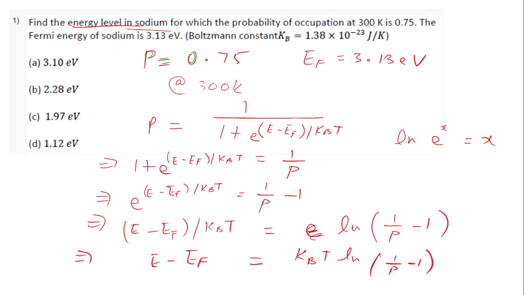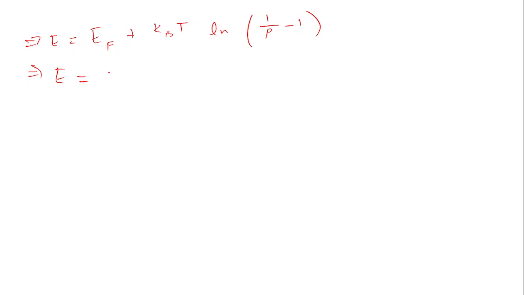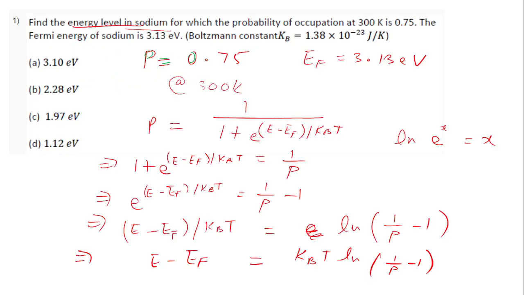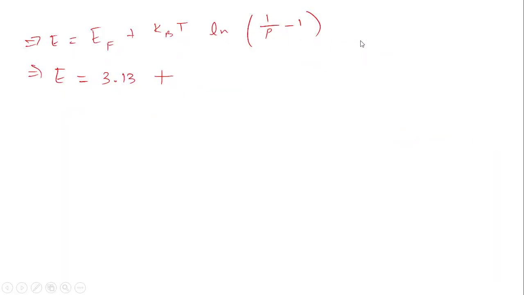EF is given to be 3.13 electron volt. 3.13 electron volt plus this kBT. kB is 1.38 times 10 to the power minus 23. Okay, this is interesting. This is in electron volt, whereas kB is in joule. Okay, let me write electron volt here.